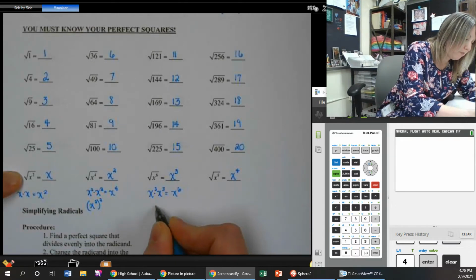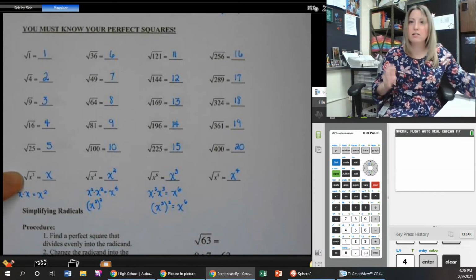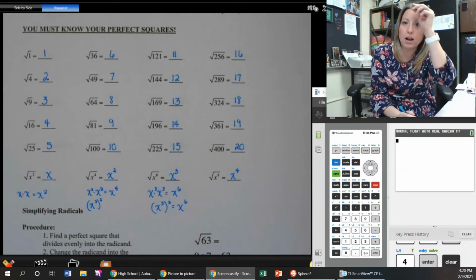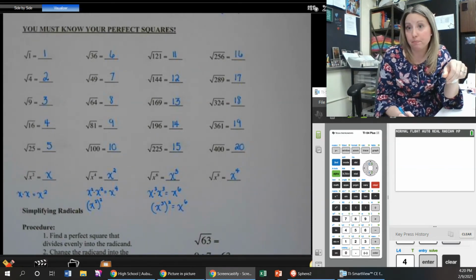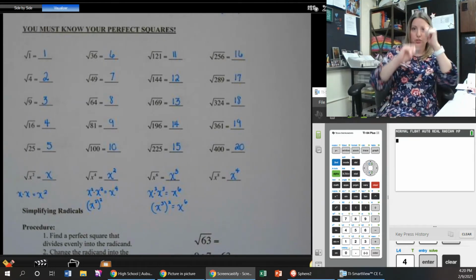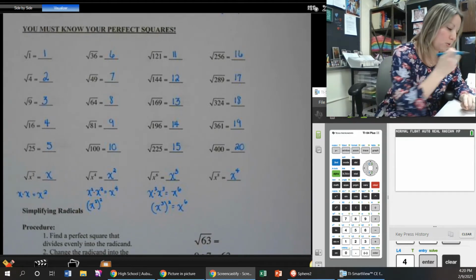If you think of it this way, x cubed squared, x to the 6, 3 times 2, 6. See that? That's where those are coming from. So that goes back to our exponent rules from chapter 6, lesson 3. So it's just making sure we're applying those exponent rules, and now we're just going in reverse, going backwards with those.